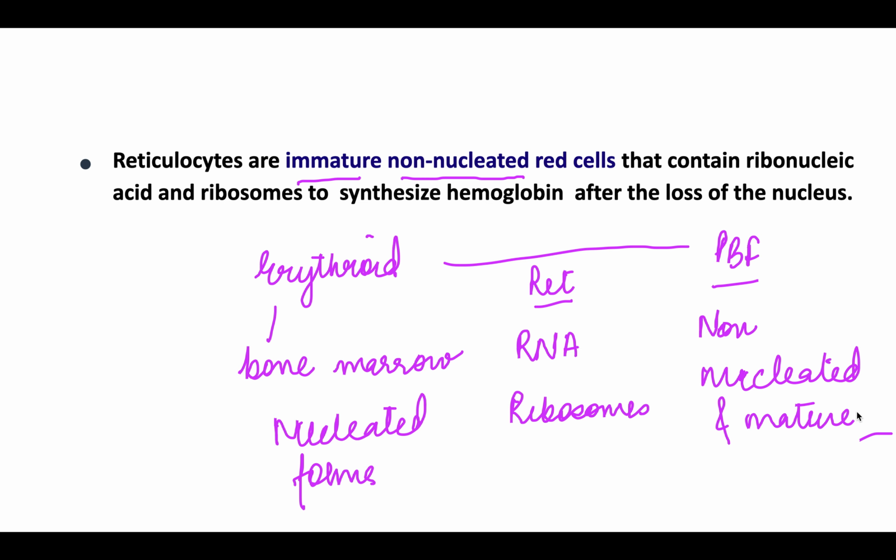The word reticulocyte means retic and cyte. Cyte stands for cells, and retic stands for a meshwork, a net. So a net-like substance seen in a cell is a reticulocyte.